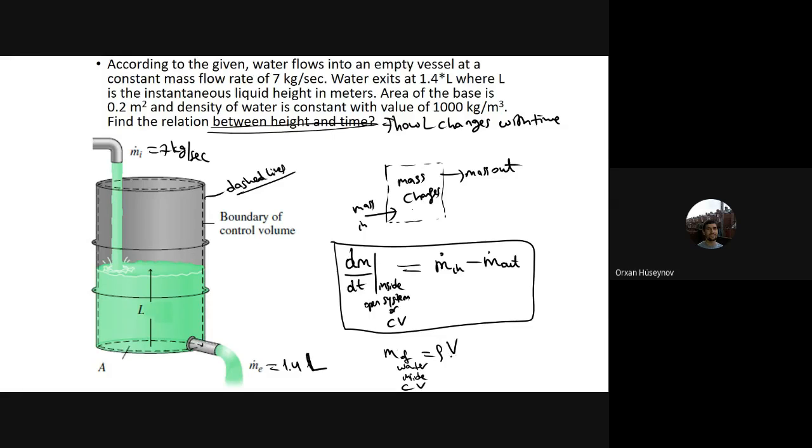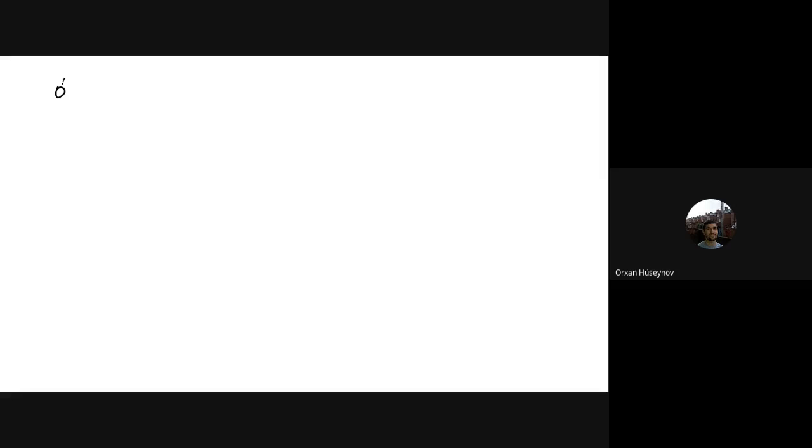So it will be rho into volume, and instead of volume, I can write the area times L. Therefore dm by dt of the control volume will be equal to d by dt of rho into A into L. Rho and the area are constants, therefore I can take them out of the brackets, and you will have dL by dt.